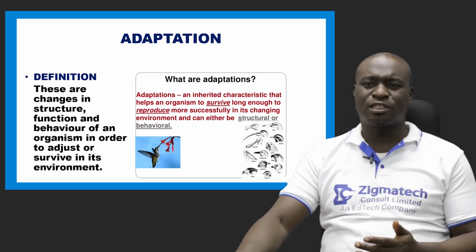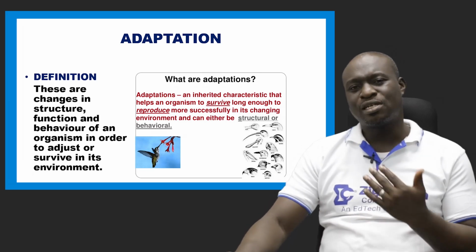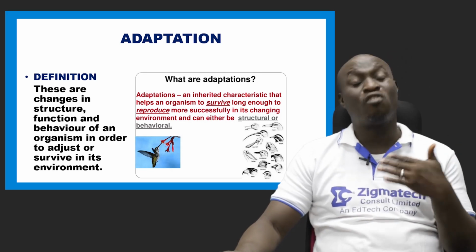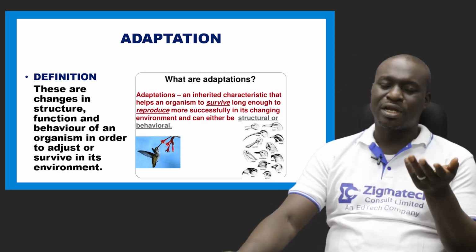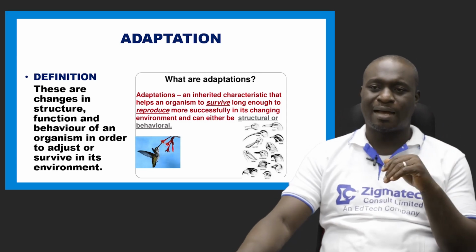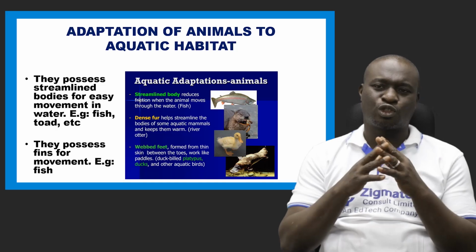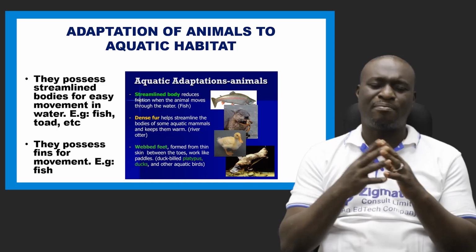Now, let's take a look at some adaptive features of most animals to terrestrial or aquatic habitat. The first one we're going to be looking at is adaptation of animals to aquatic habitat.